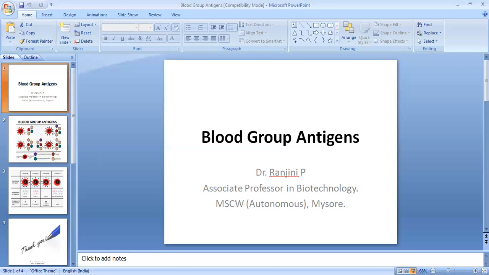So that's why we should consider the presence and absence of Rh in the blood group before transfusion, as well as in erythroblastosis fetalis.